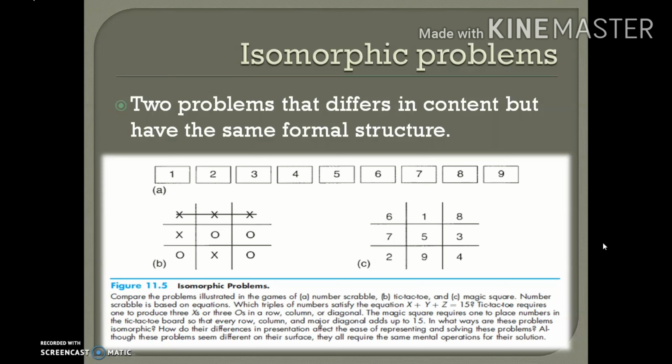Tic-tac-toe requires one to produce 3 X's or 3 O's in a row, column or diagonal. The magic square requires one to place numbers in the tic-tac-toe board so that every row, column, and major diagonal adds up to 15. In what ways are these problems isomorphic? How do their differences in presentation affect the ease of representing and solving these problems? Although these problems seem different on their surface, they all require the same mental operations for their solution.